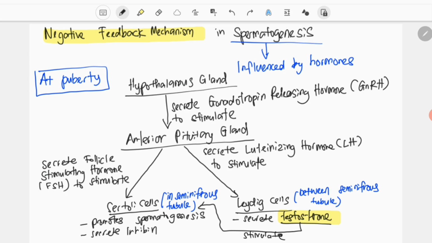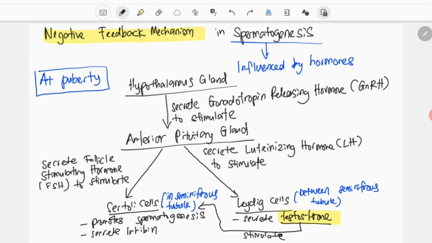So FSH akan stimulate Sertoli cell untuk buat spermatogenesis dan juga untuk secrete inhibin. At the same time, LH akan stimulate Leydig cell untuk secrete testosterone. So testosterone tu pun akan pergi stimulate Sertoli cell untuk buat spermatogenesis dan secrete inhibin. So ini adalah hormon yang involved untuk buat spermatogenesis.